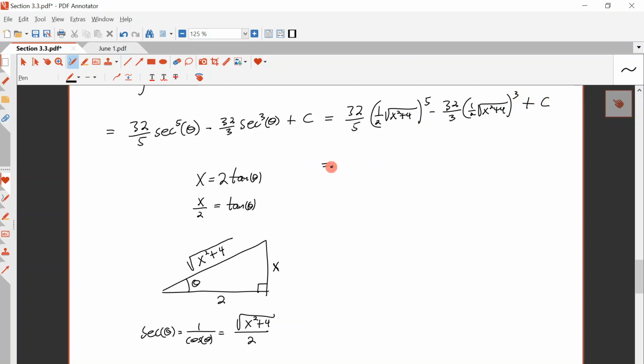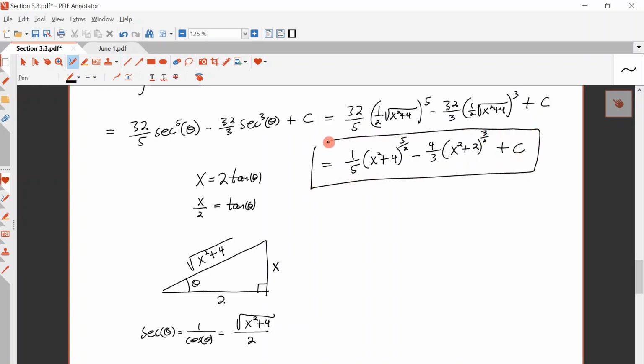All right, so 1/2 to the fifth is 1 over 32. So this just becomes 1/5 x squared plus 4 to the 5/2, minus 1/2 to the third is 1/8, so that becomes 4/3 x squared plus 4 to the 3/2. And there's the final answer.